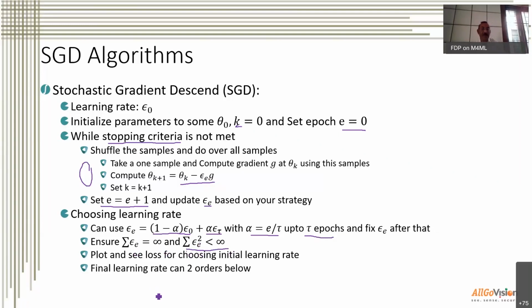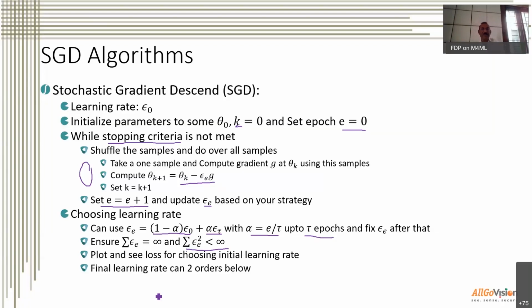And how do you choose the initial learning rate? You should try a few examples and look at the loss. For the first few steps, if you find that for a particular learning rate the learning is progressing very slowly, then you probably increase epsilon a little bit.